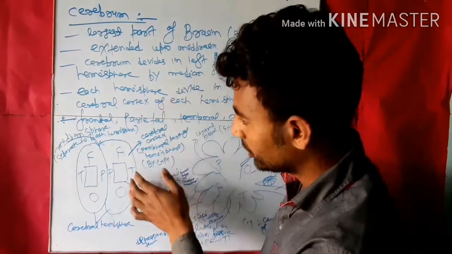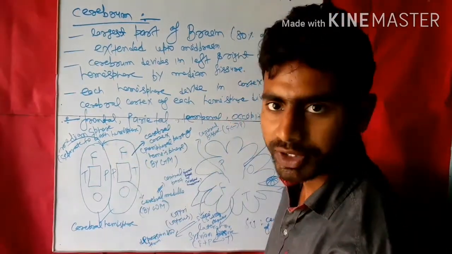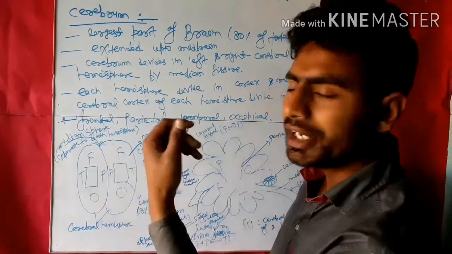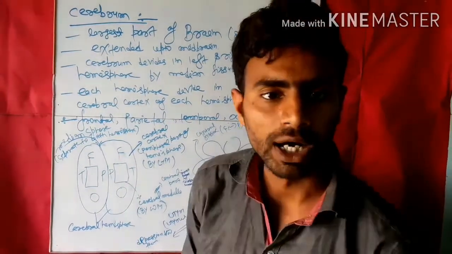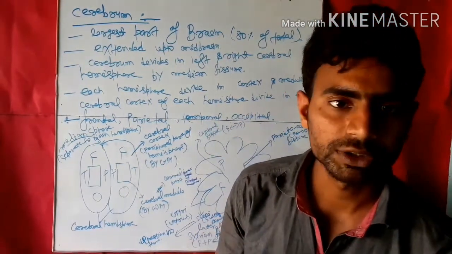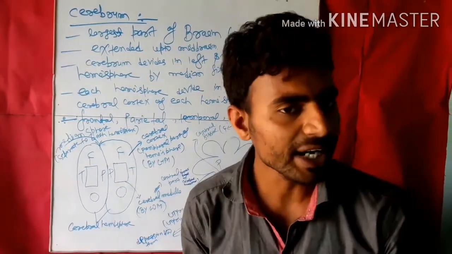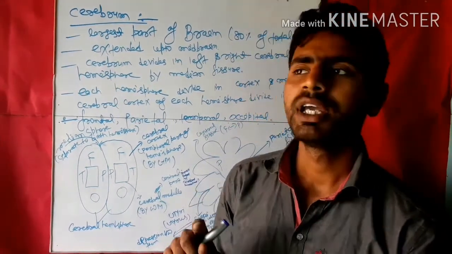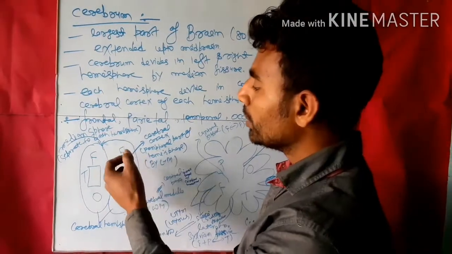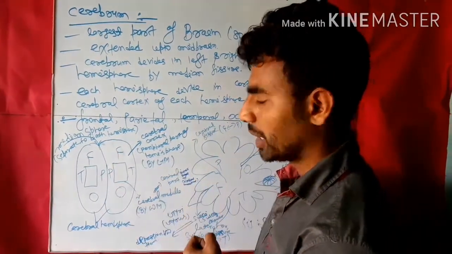Each hemisphere is divided into cortex and medulla. This means the left and right cerebral hemispheres are each divided into two parts, a medulla part and a cortex part.